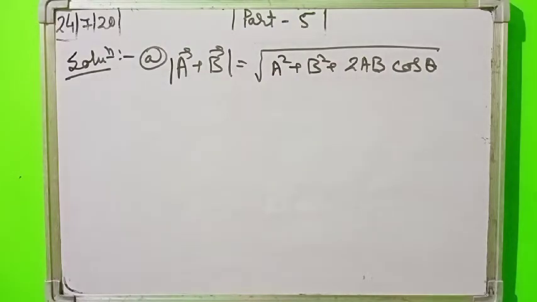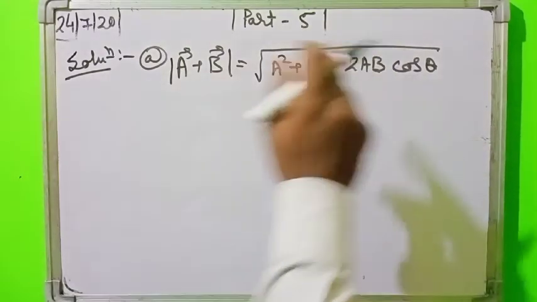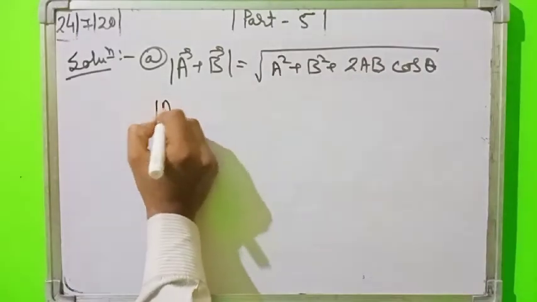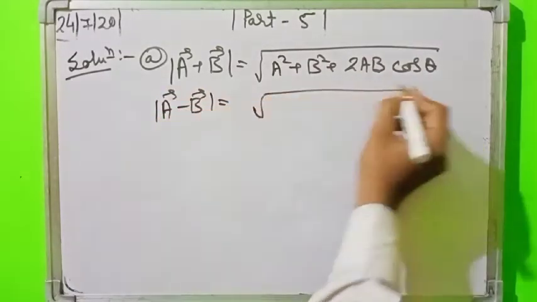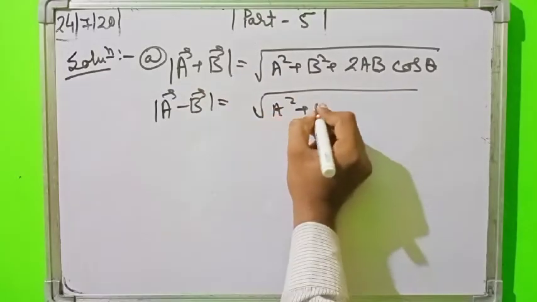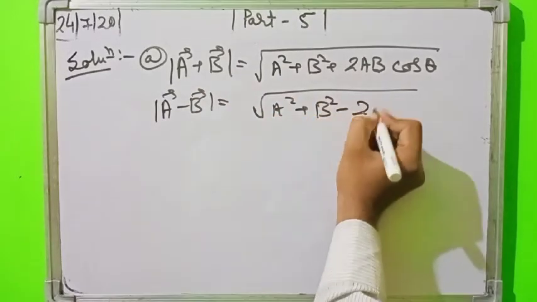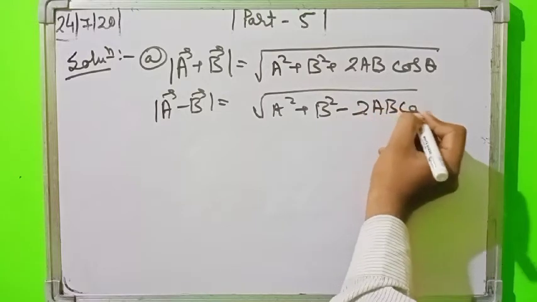Now mod of vector A minus vector B can be written as under root A square plus B square minus 2AB cos theta.